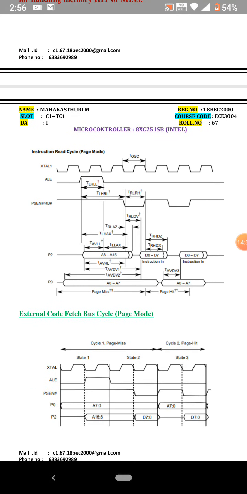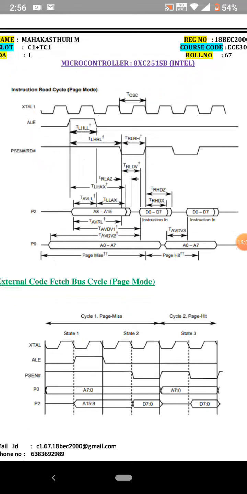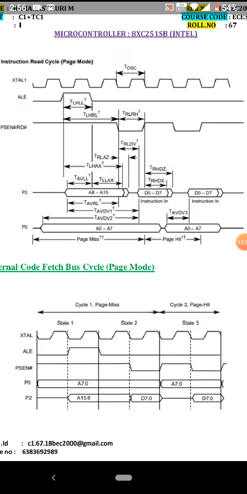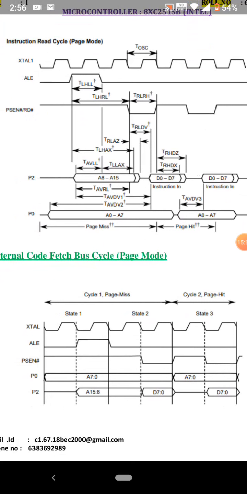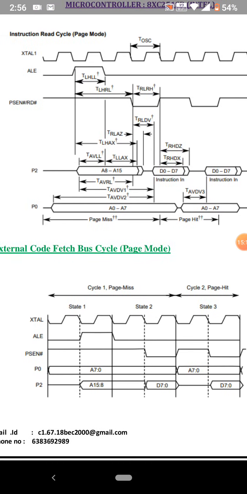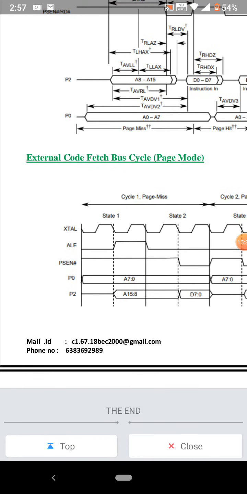Here you can see the instruction read cycle, page mode, with the total time stated here. In the first picture, at the bottom, there are P0 and P2 and then PSEN, and ALE. Okay, frequency. Here the page miss and page hit are there. And then last is the external code fetch bus cycle, page mode.